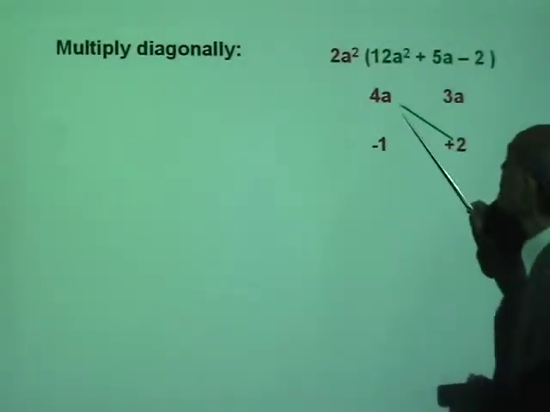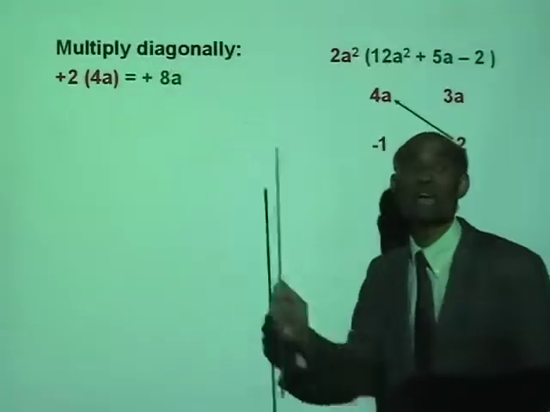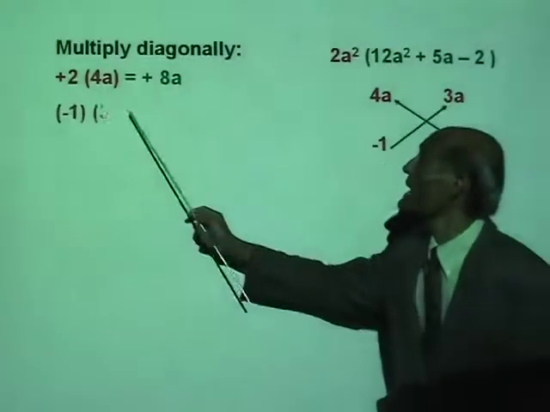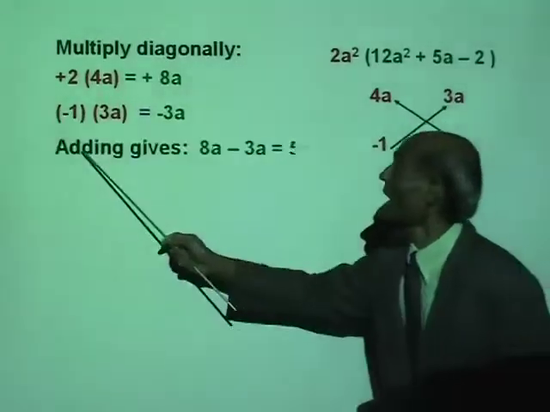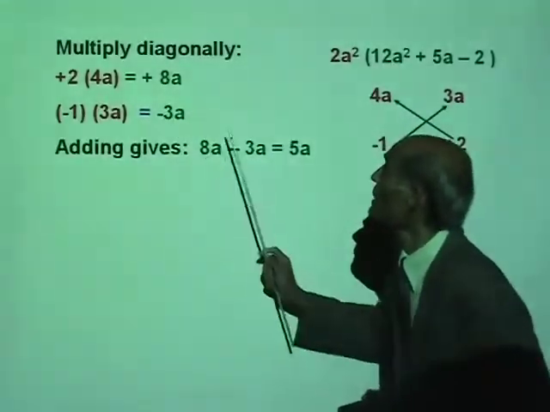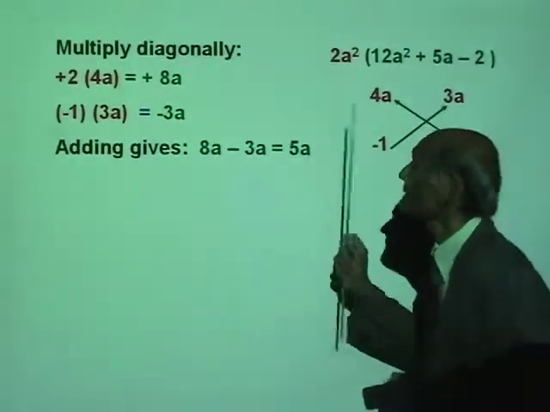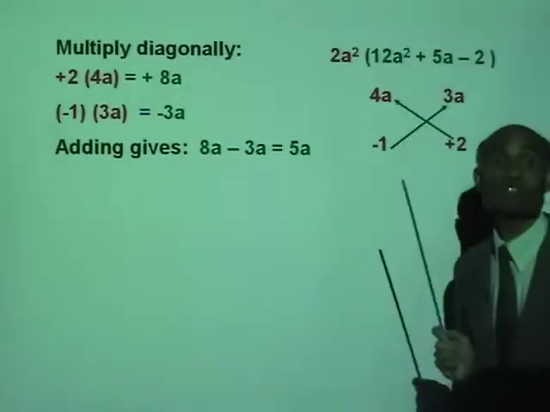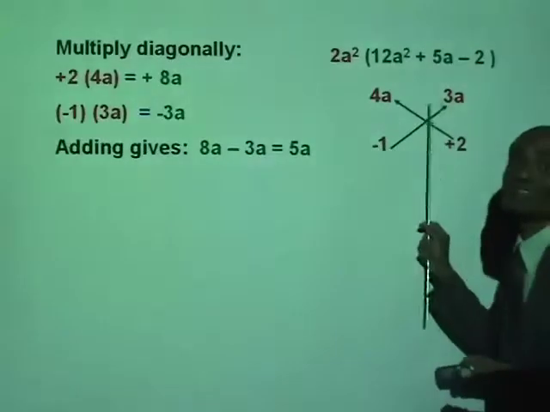Positive 2 times 4a is positive 8a. Negative 1 times 3a is negative 3a. Adding these two gives me 8a minus 3a, equal to 5a, and that is the middle term. Once you have that, you know that your setup is right.